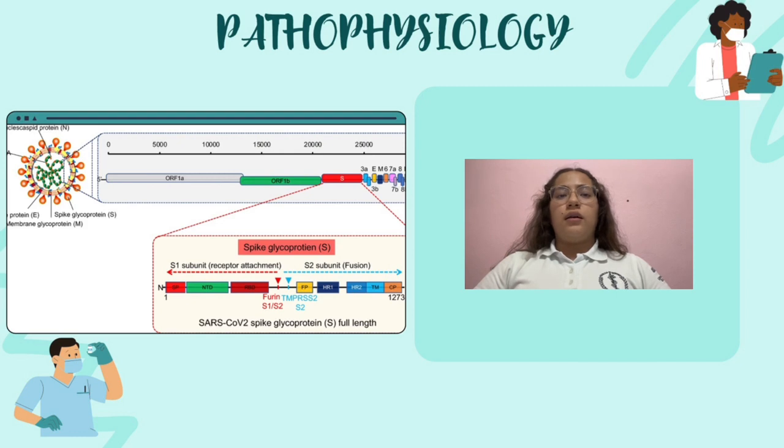The S1 and S2 subunits are divided by the S cleavage site. To facilitate viral attachment to receptor and fuse with the cell's membrane, the spike proteins need to be cleaved by cellular proteases from the S1-S2 cleavage site.